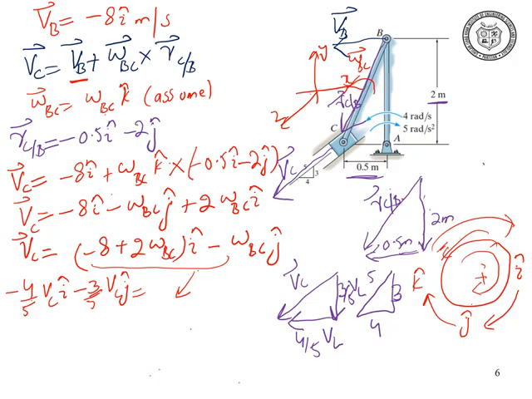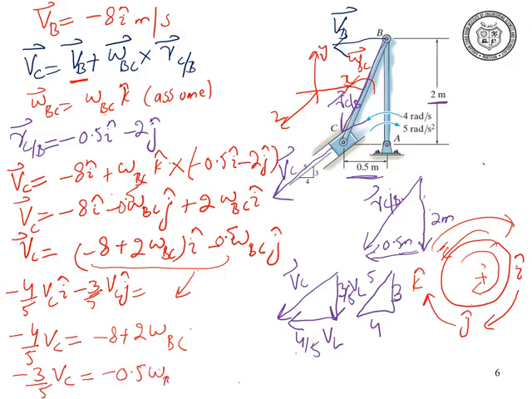By equating i and j terms, we get minus 4 by 5 Vc equal to minus 8 plus 2 omega Bc. Equating the j terms, minus 3 by 5 Vc equal to minus 0.5 omega Bc.